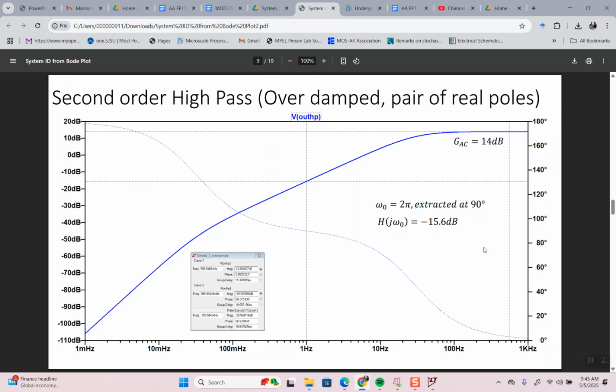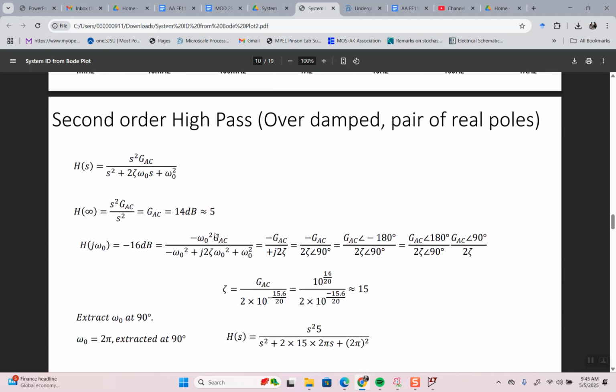But the gain at AC is 14 dB, right? And the gain at omega naught, to do the damping coefficient, is minus 15. We better come up with a damping coefficient of bigger than 1 based on that plot.